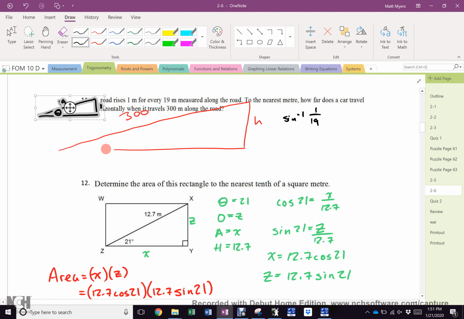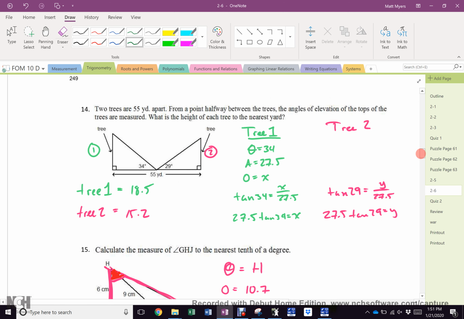Isn't that the same as that? So I know that this is this, yes? Well, in the red triangle, I want the horizontal distance, which is right here, yes? Well, if I know theta and adjacent and hypotenuse, can't I find it? Cosine. All right? And I believe the next question was Peeping Tom.